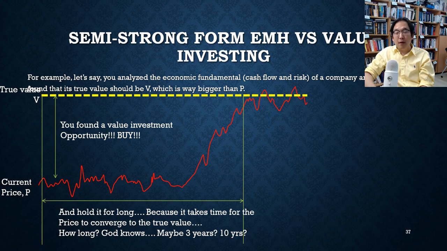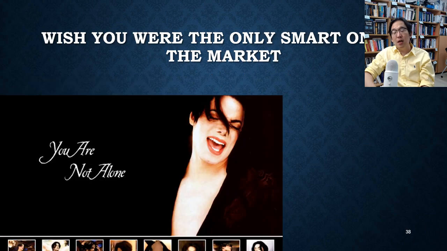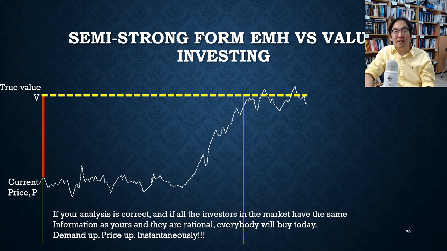But what does the economist say? Okay, neoclassical economists say you are not alone, maybe. So not only you, but also everybody else is looking at the same information. Remember, this is public information. So if your value investing idea was correct, not only you, but also the rest of the investors in the market must have calculated so.